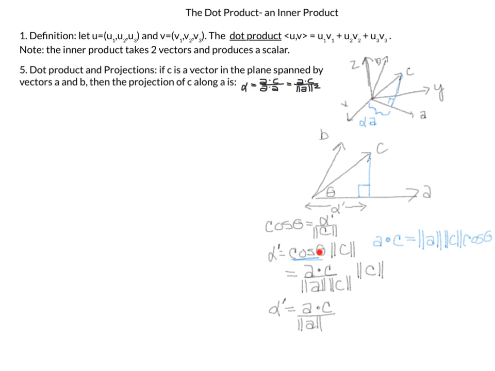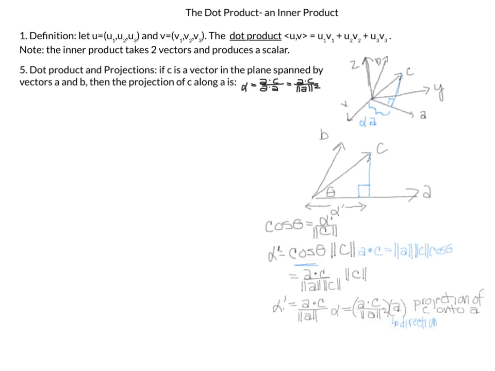So I can replace this cosine of theta with A dot C divided by length of A, length of C, and that's what I have done here. So this cosine is replaced by A dot C divided by the norms of the 2 vectors. So now I have that the C's cancel out. I have alpha prime is equal to A dot C over the magnitude of A.